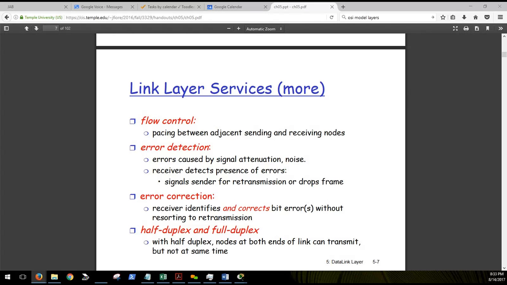Let me ask a question. What devices provide only half duplex? Only one device at a time may transmit. It'll be like switches? No. What other device basically transmits in half duplex?